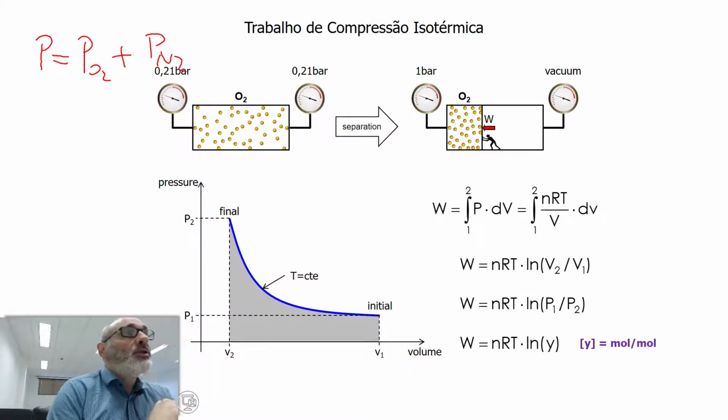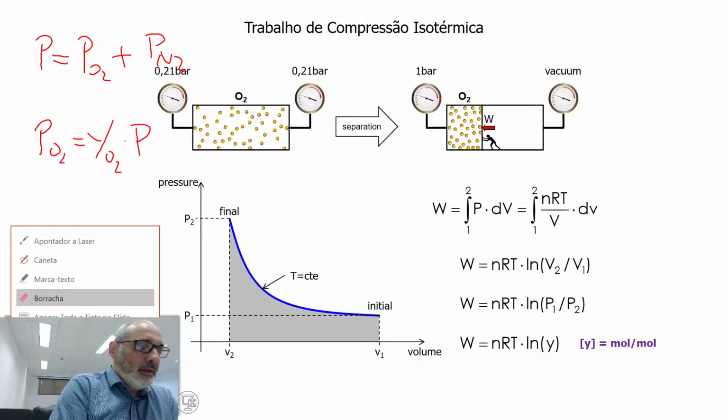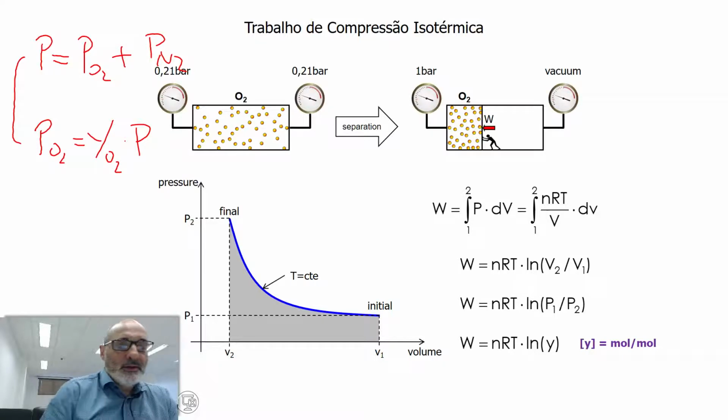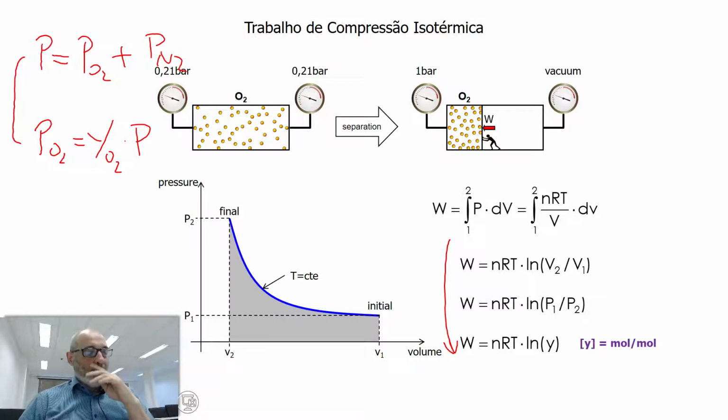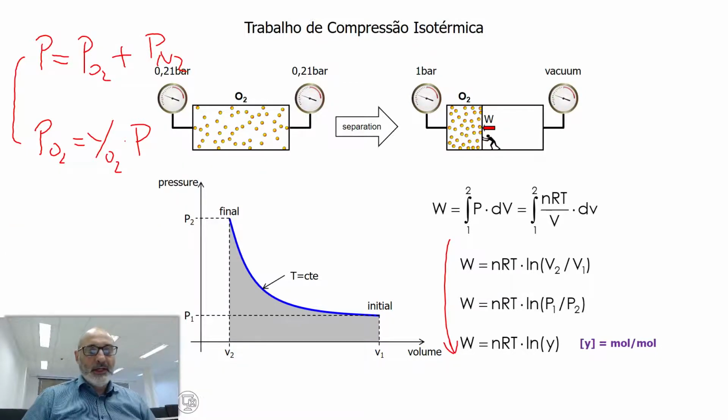And each partial pressure I can calculate from the total pressure by multiplying by the corresponding molar concentration. So those are equivalent formulas that I'm using in this manipulation here. Okay, so let me move on.